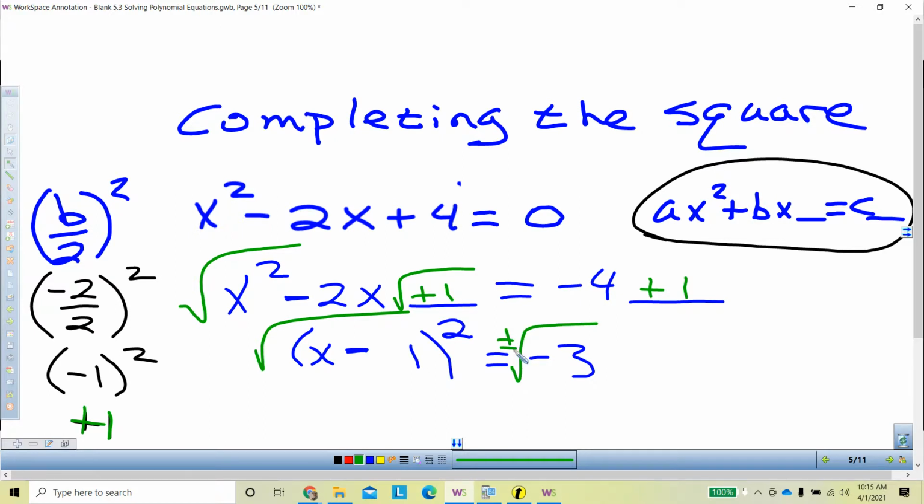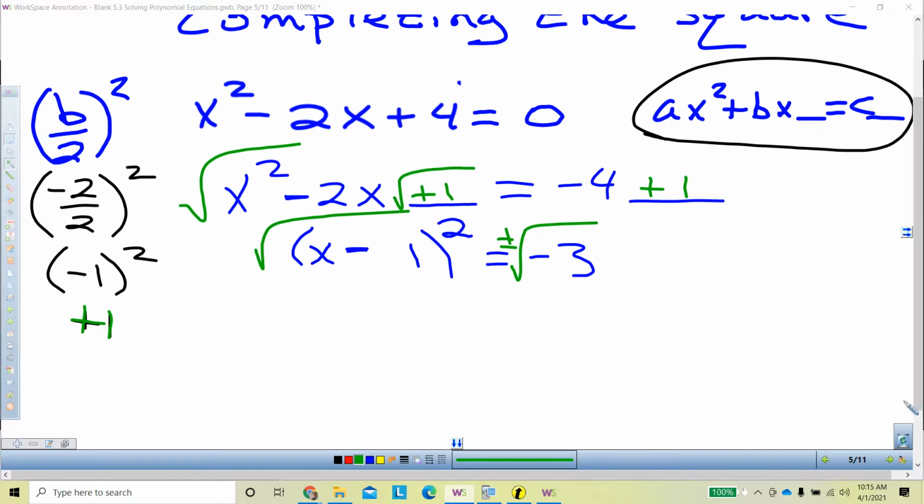So last step of completing the square, or not last, but close to, I square root both sides. I get x minus 1 equals plus or minus square root of negative 3. Add the 1 to both sides.